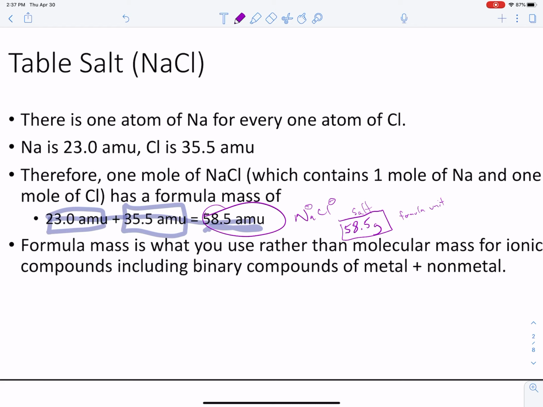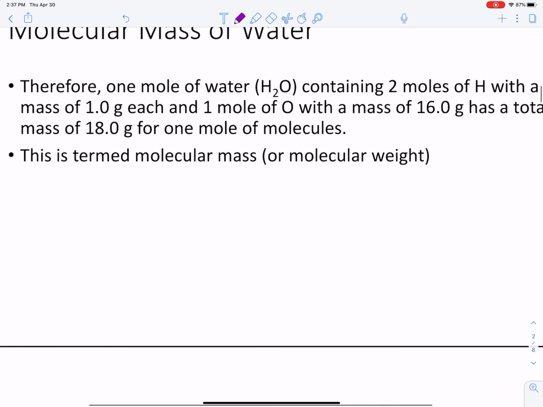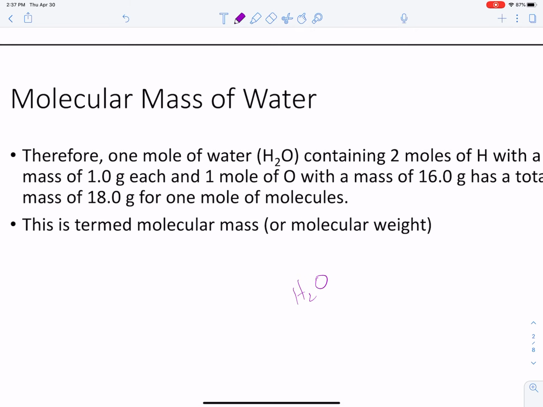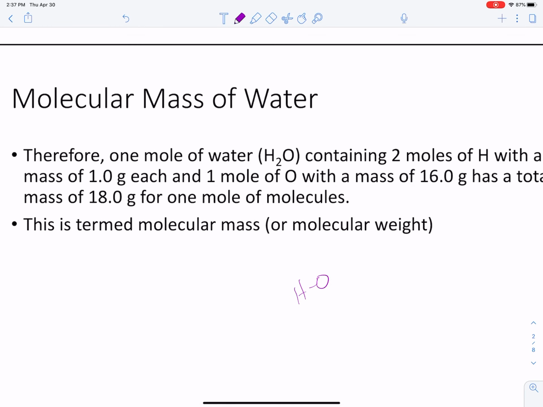This is a little different than what we talked about for water. When we have water and you've got this H2O, right? They actually share electrons one to another. Because remember, water actually looks like this, right?